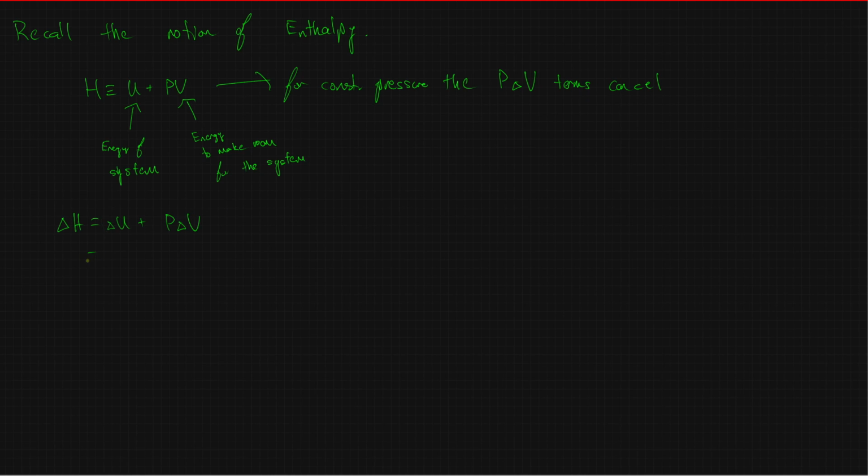By the first law of thermo, we would just have that this delta U is the heat added plus the work done plus P delta V. And if the only kind of work done is, well, we could break this down into an adiabatic compression minus P delta V and some other type of work.